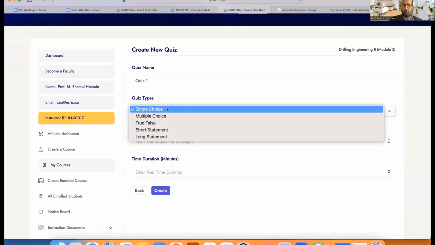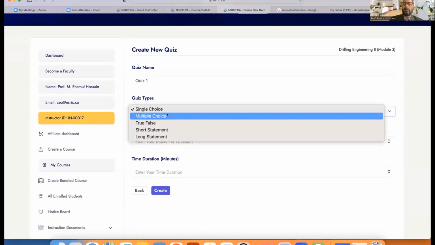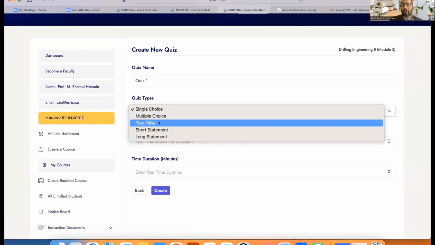Then choose single choice. Multiple choice, in your question, you have more than one correct answer. So you select multiple choice, and when you prepare the question, you put in the answers and select the multiple correct ones.